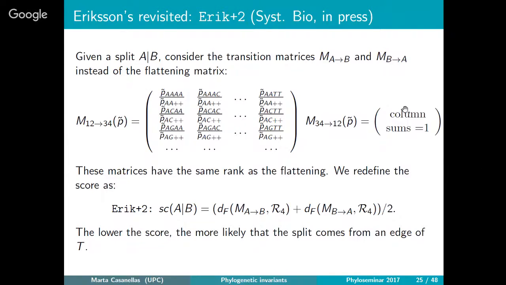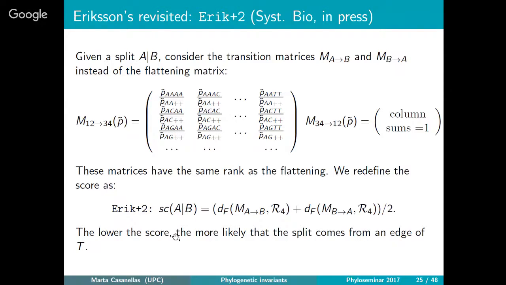Instead of directly considering the flattening matrix, we divide by the sum of the rows, so that in this matrix all rows sum to 1. And I do the same with the sum of columns. So I normalize by the sum of columns, so that in this matrix all columns sum to 1. So now, instead of 1 single matrix, I have 2 matrices, and we take the average score of these 2 matrices. So this is going to be the ERIC+2 score.